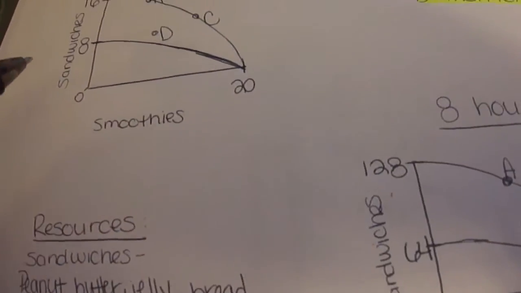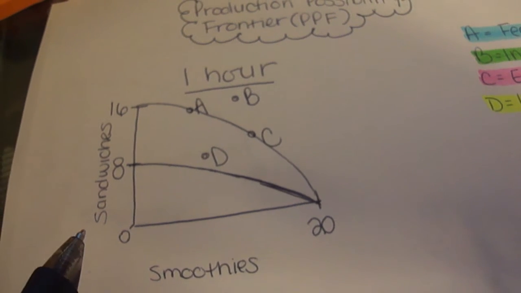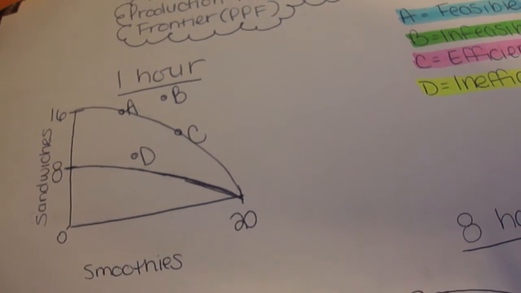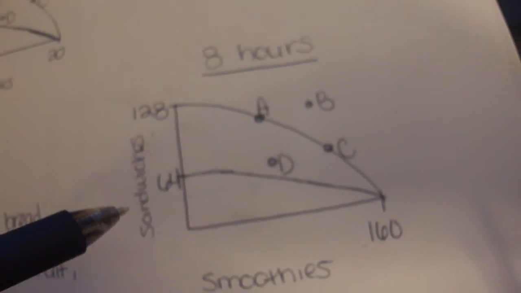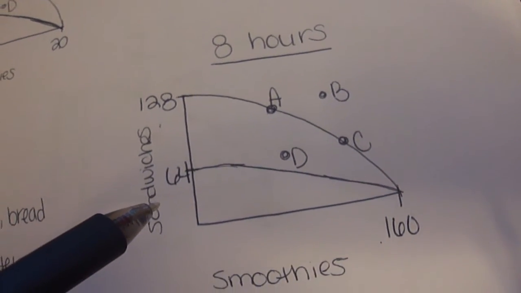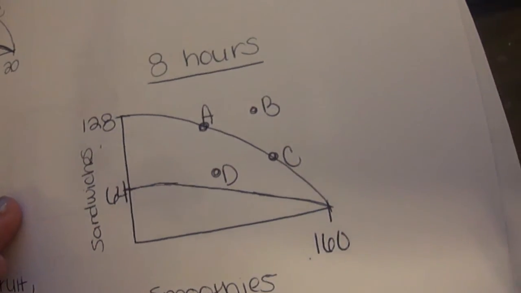With a limited supply of peanut butter, I get a decrease in my sandwich production because I'm only able to make 8 an hour, but my smoothies still stay at 20 an hour. With a decrease in my peanut butter, my sandwich production decreases down to 64 in an 8 hour period, but I can still make 160 smoothies in an 8 hour period.